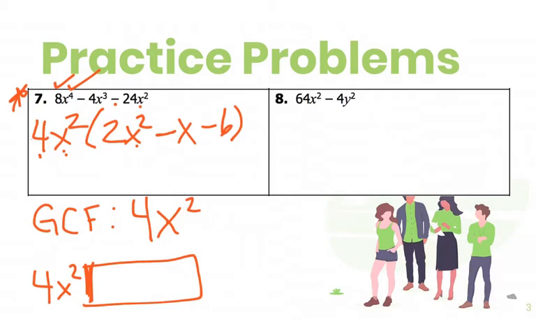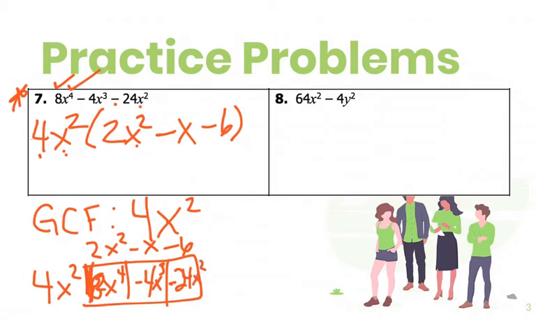All right, and if I were to do this box here, I would put 2x squared minus x minus 6. And so that would give me 8x to the fourth minus 4x to the third minus 24x squared. Oops, that went a little bit outside the box. Okay, so that's my first type of factoring.